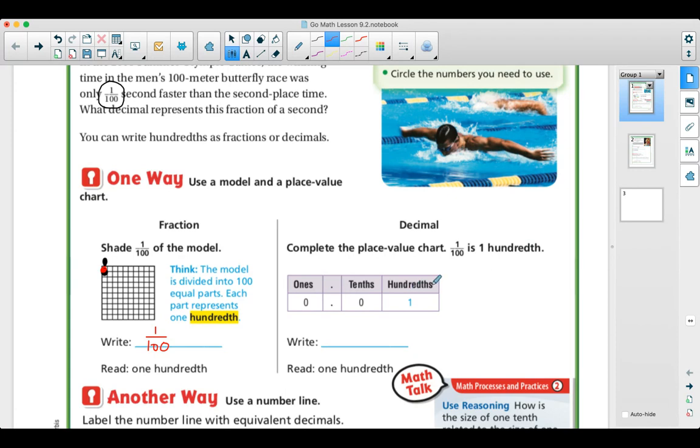So even though we're working just with decimals here, we always put a 0 in the ones place. So this is a 0 in the ones, your decimal point, no tenths, and 1/100th. So now let's write it as a decimal: 0 in the ones place, a decimal point, 0 tenths, and 1/100th.